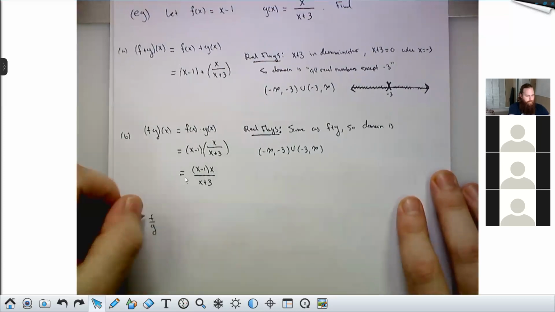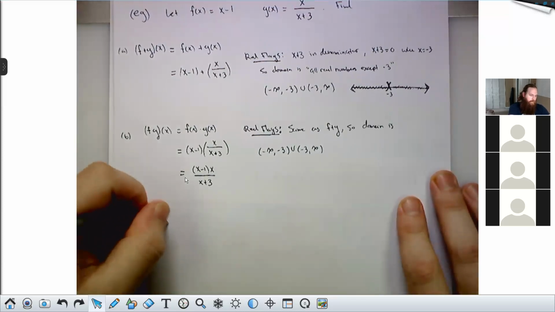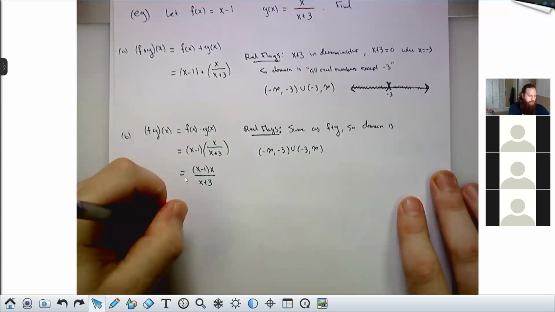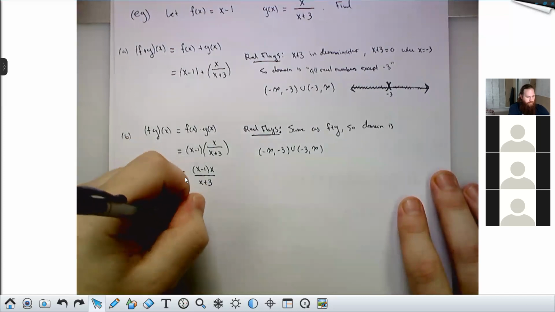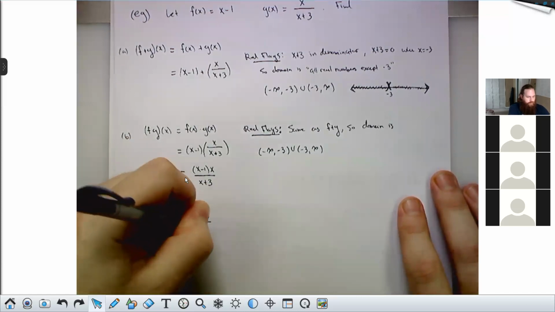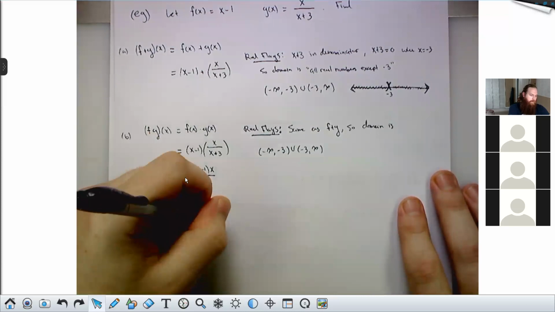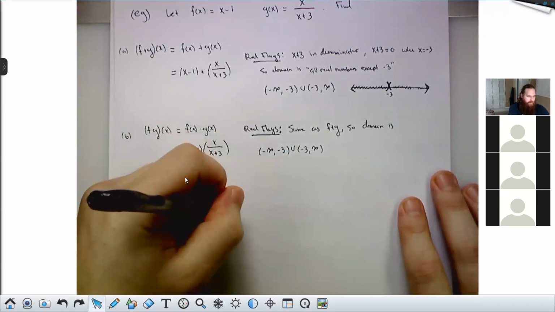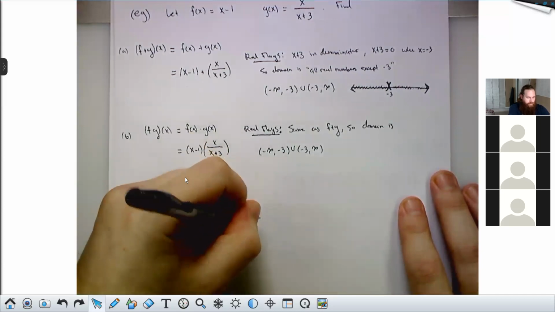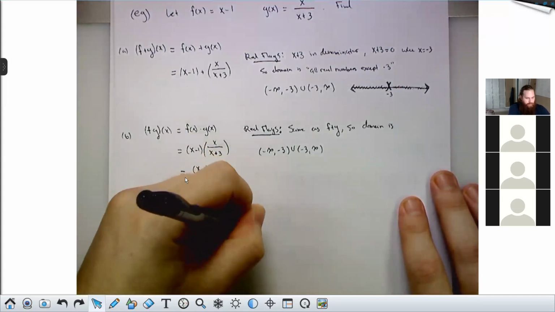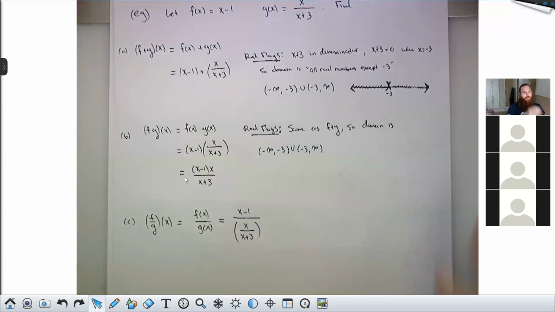Let's move to f over g. So this is the first place things can get a little bit tricky. f over g is f of x over g of x, which is x minus 1 divided by x over x plus 3. And here we do need to be more careful. Remember, my rule is don't simplify.